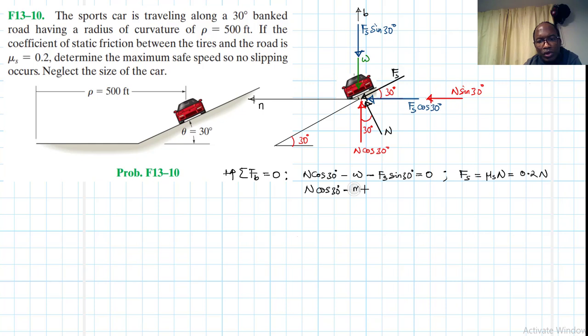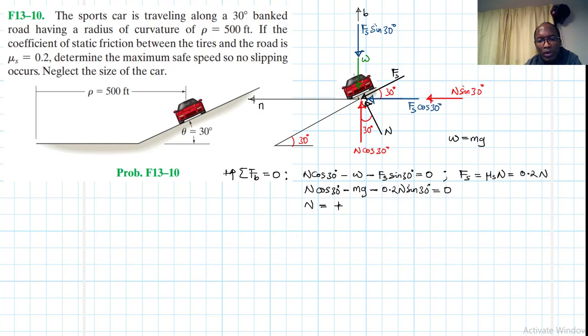So this is mg, W is equal to mg, right? Then minus 0.2 N sine 30 equal to 0. So factoring out the N, our N will just be equal to mg, right?